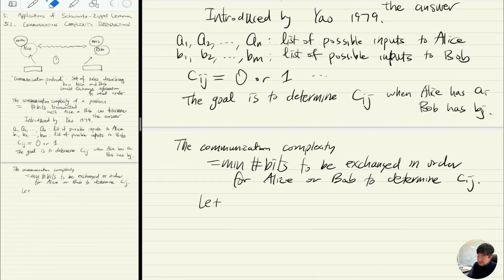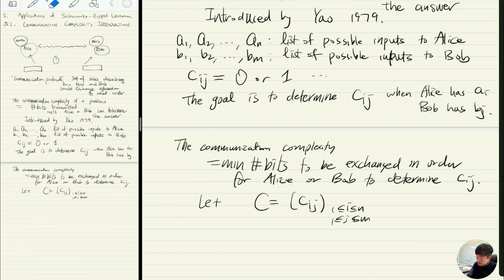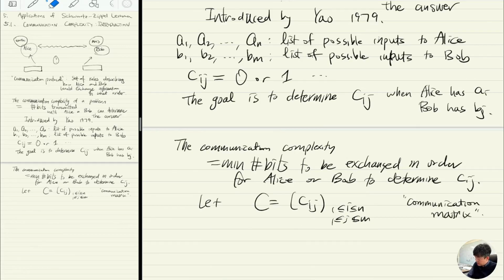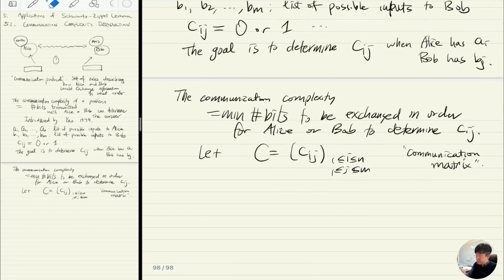Let C be this matrix of Cij where i is from 1 up to N and j is from 1 up to M. So this is a matrix. This matrix is called the communication matrix. So it's a 0-1 matrix. So we have a matrix, and Alice knows the row and Bob knows the column, and the question is, what is the entry here?